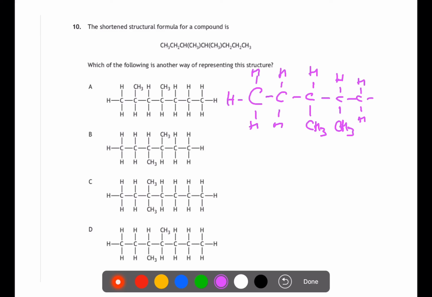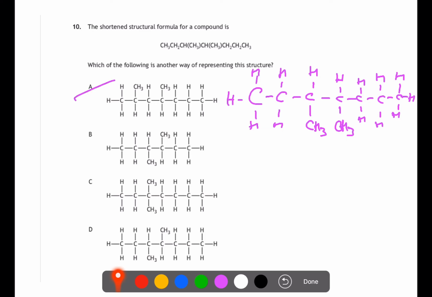Then CH2, CH2, and finally CH3. So if we have a look at each of the structures, in this first structure, we have branches on the second and the fourth. We have branches on the third and the fourth.